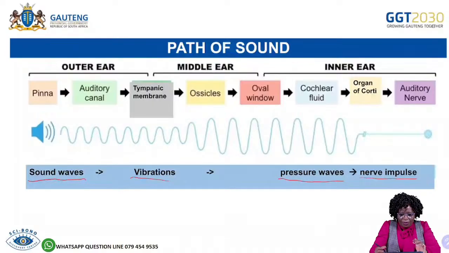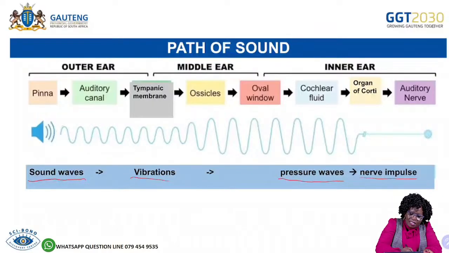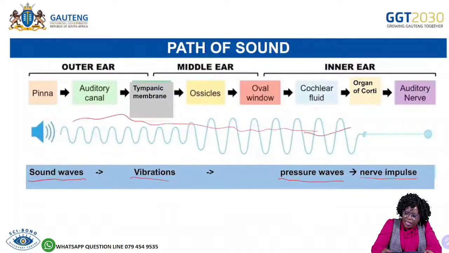Can you see? And this is showing us that sound waves, you can check, this is movement. The movement is going up and up and up until we are able to reach the auditory nerve, which will now convey the impulses to the cerebrum.